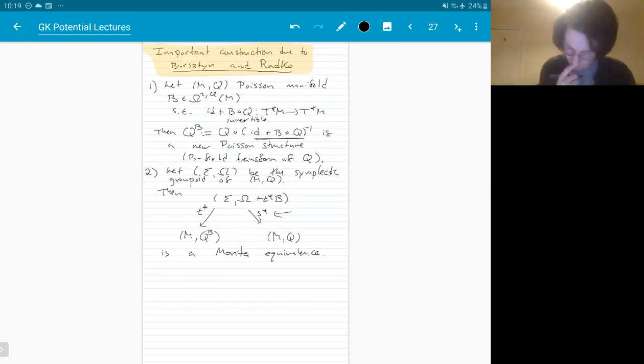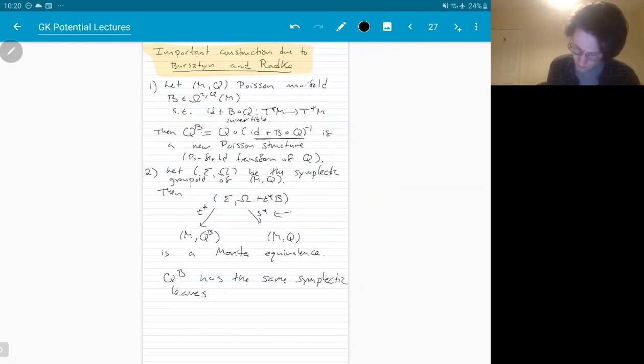Let me say that this B field transform, the way I wrote it down, is a little hard to understand, but one way of thinking about it is that Q_B has the same symplectic leaves as Q, but we add the pullback of B to each symplectic leaf.